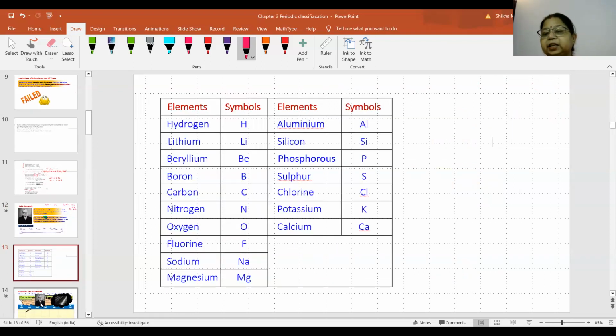But like any other periodic table or classification, this also had certain issues. Here are the symbols just for a recap of what all elements he could classify in his octaves, right?